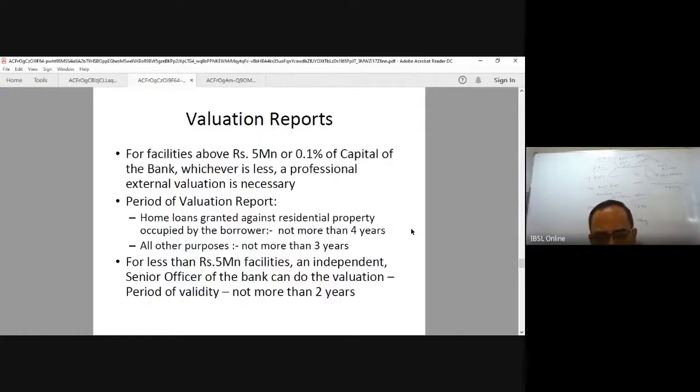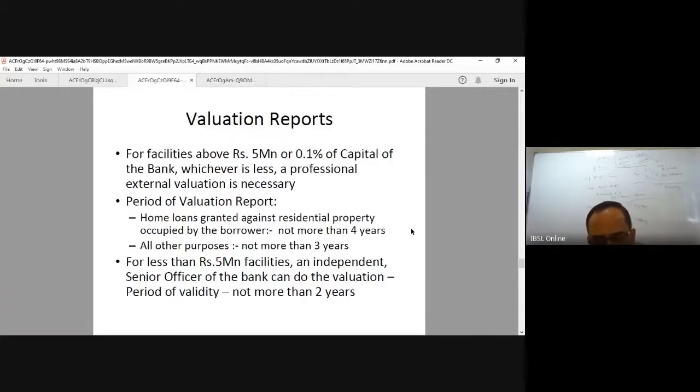That's the central bank's regulations. So if you are granting home loans, this is what we had been discussing, the valuation report is valid only for 4 years.